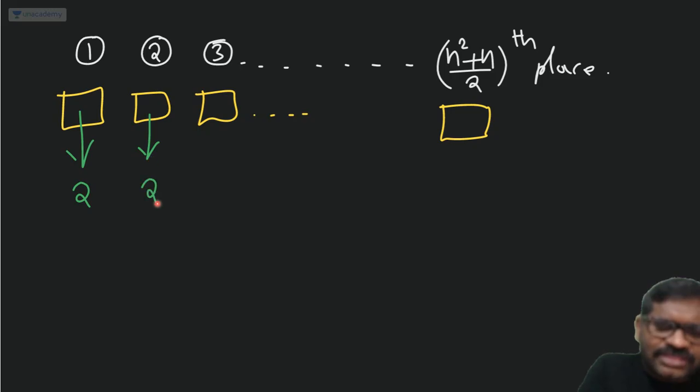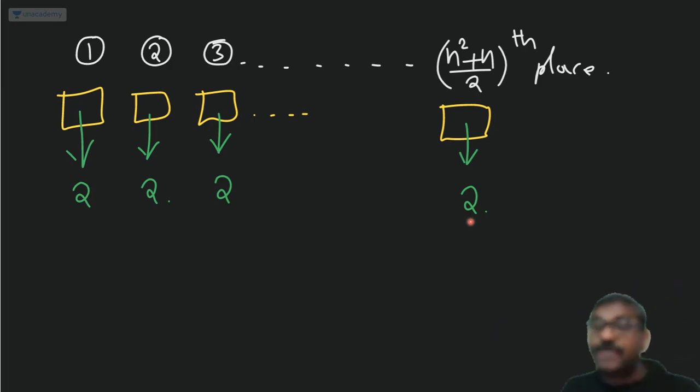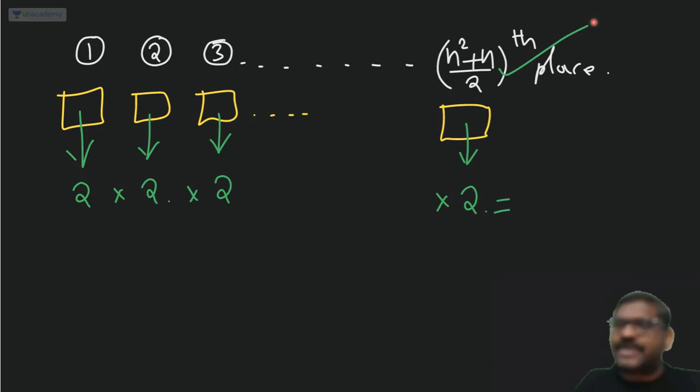Now apply the fundamental counting principle. 2 into 2 into 2, n square plus n by 2 times. That's why 2 power n square plus n by 2.